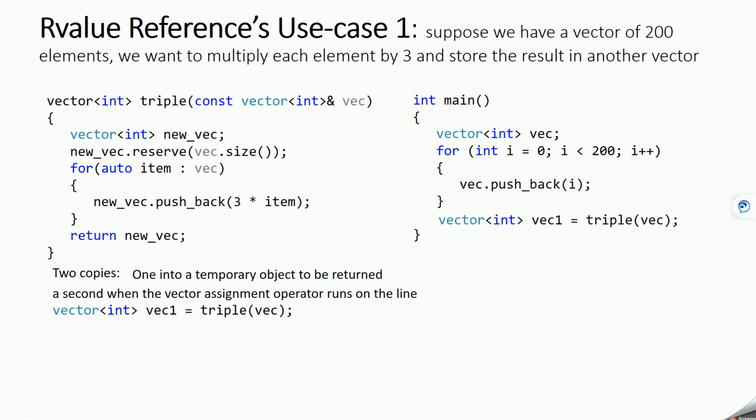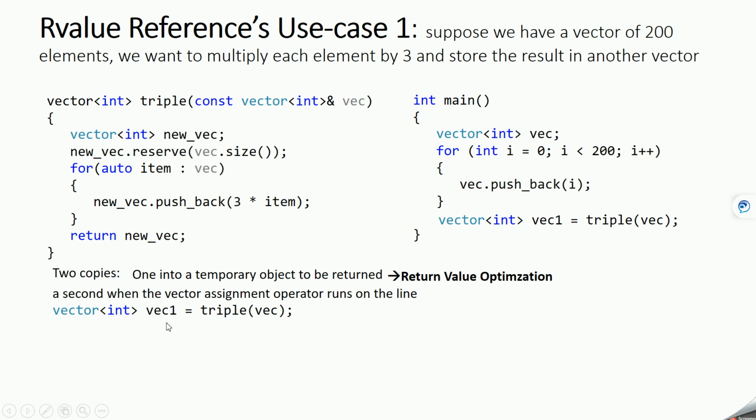The first can be avoided by the compiler with the help of return value optimization, but when the second copy happens, that is when the assignment operation happens, separate memory allocation will be made for 200 elements, and it will copy each of them one by one.